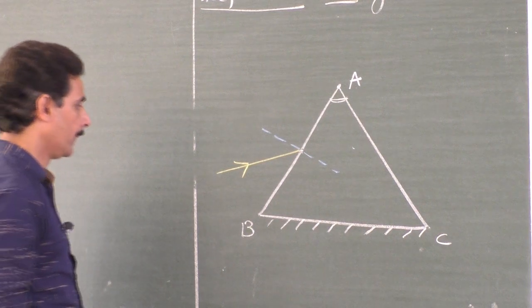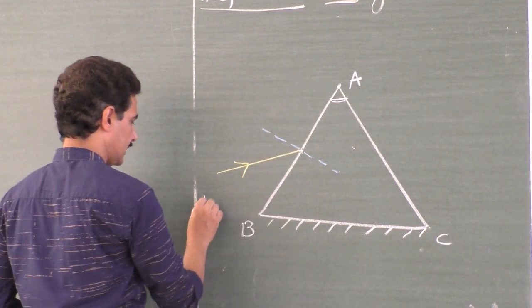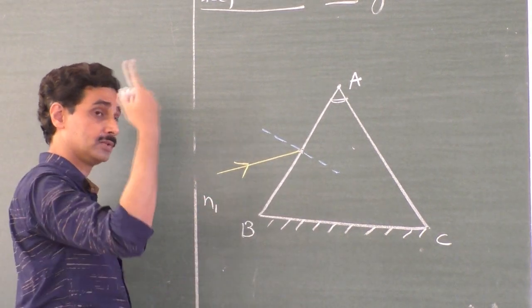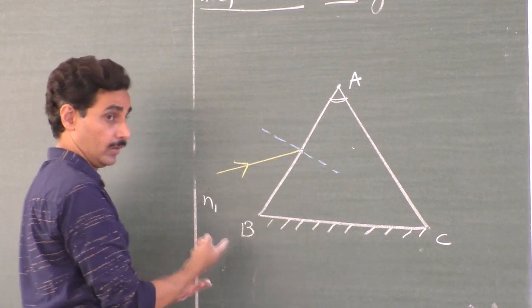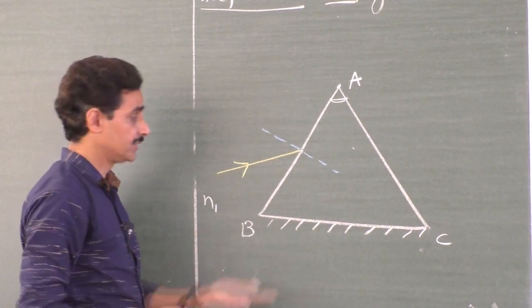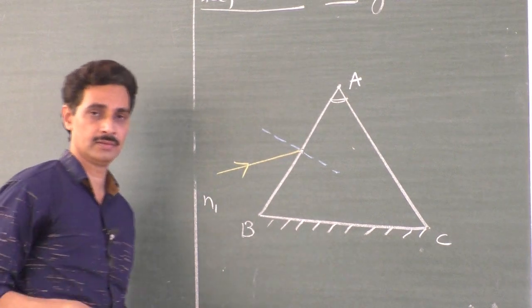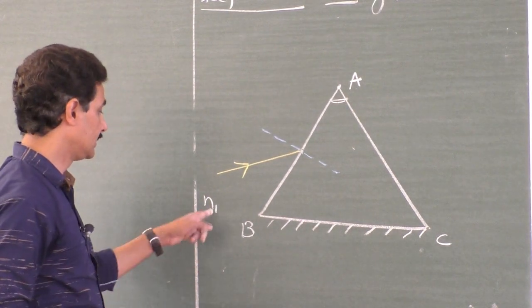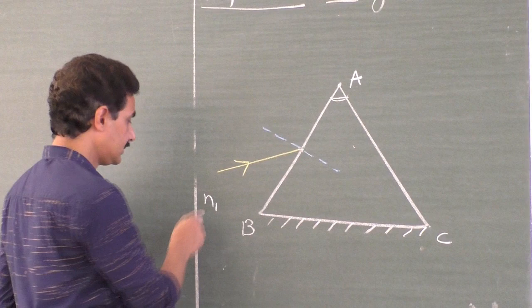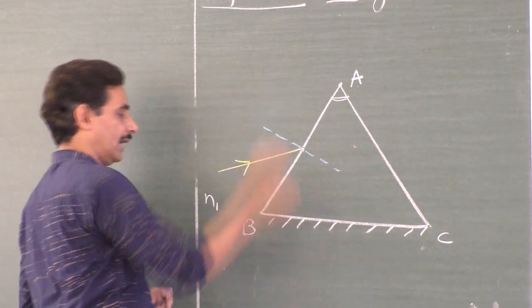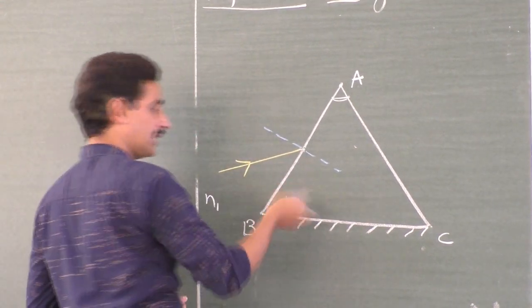Now, say this is a medium of refractive index N1 with respect to air. This is not air now, it may be anything. Say a glass prism is put inside water. Then this is water, this is glass. This is the refractive index of water with respect to air, and the refractive index of glass with respect to air.